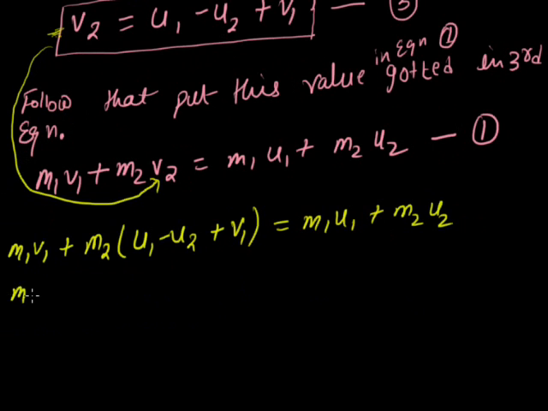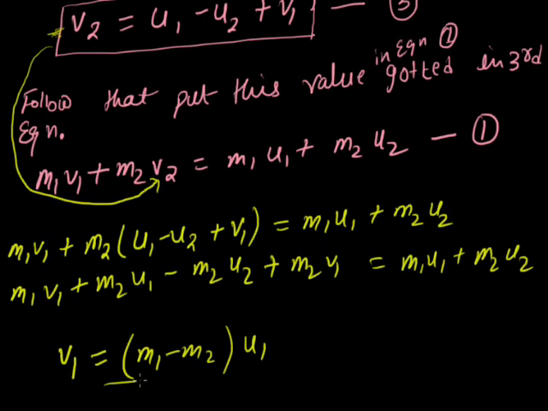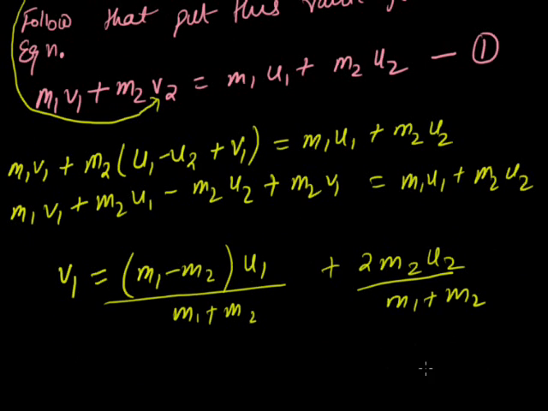It can further be written as m1 v1 plus m2 u1 minus m2 u2 plus m2 v1 equals m1 u1 plus m2 u2. Now we get v1 equal to (m1 minus m2) into u1 divided by (m1 plus m2), plus twice of m2 into u2 upon (m1 plus m2). This is the value of v1.